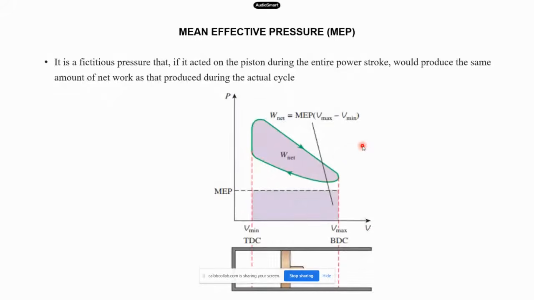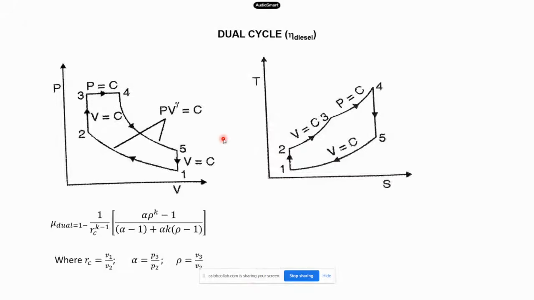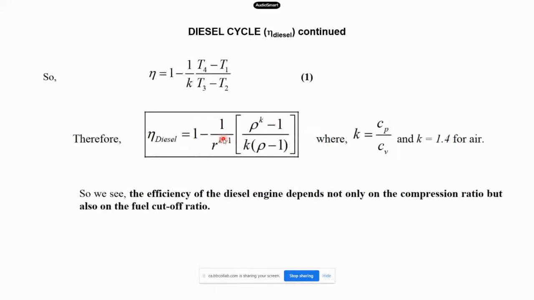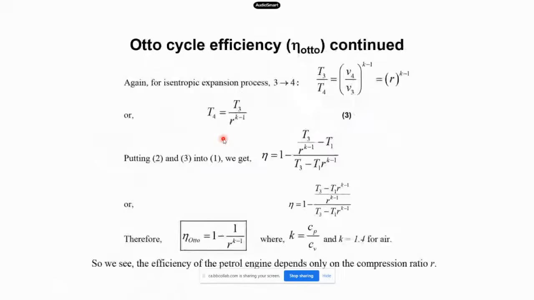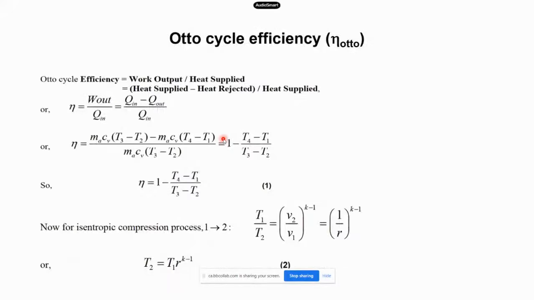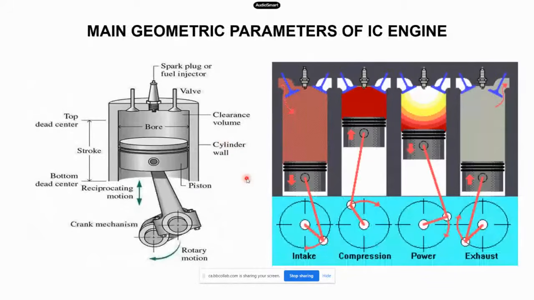There's another concept here called the mean effective pressure. The mean effective pressure is used to compare the performance of similar engines. You can't use MEP to compare the performance of engines of different sizes. So what is MEP?